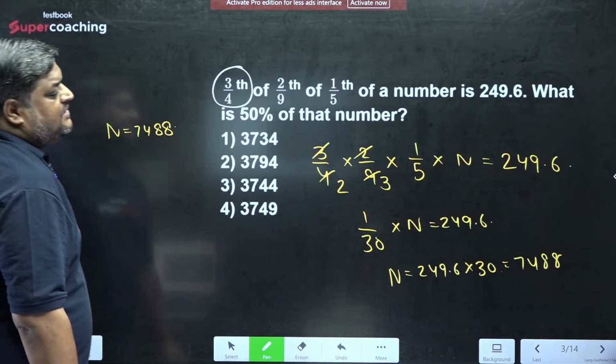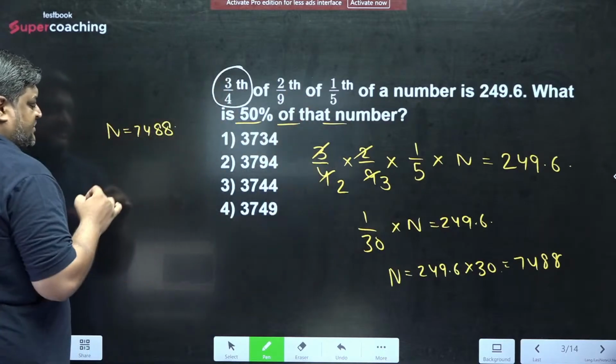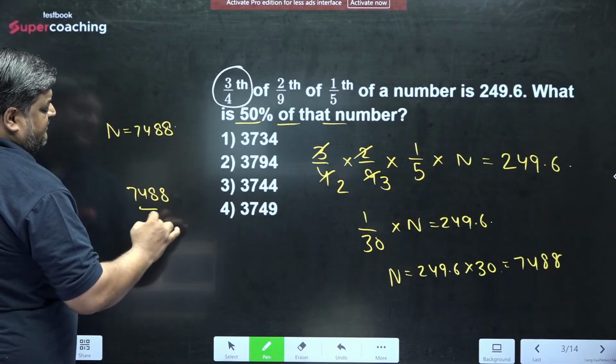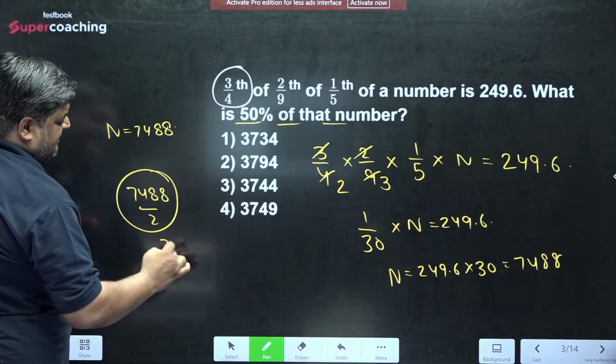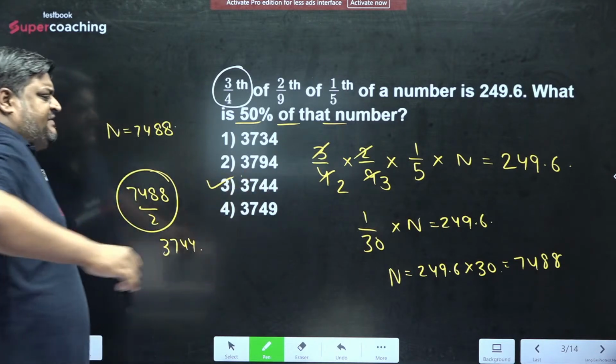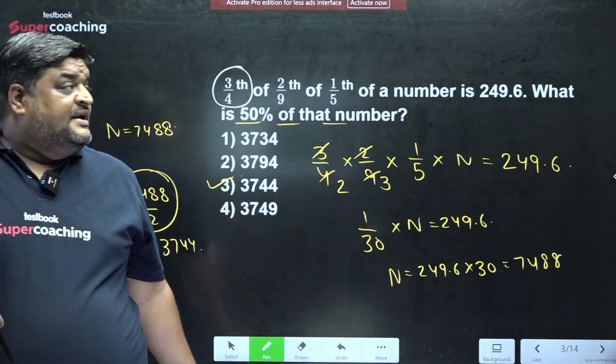What is asked? They are expecting what is 50% of that number. इस number का half कर दो. So answer is 7488 divided by 2, and this is nothing but 3744. Was an easy question, obviously. Was on the easier side.